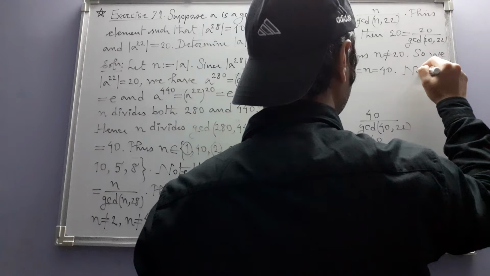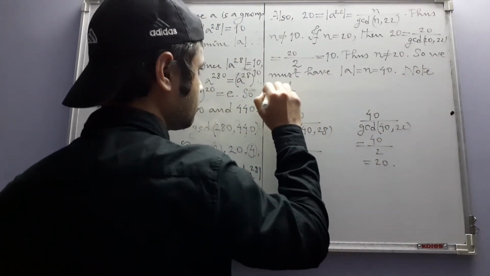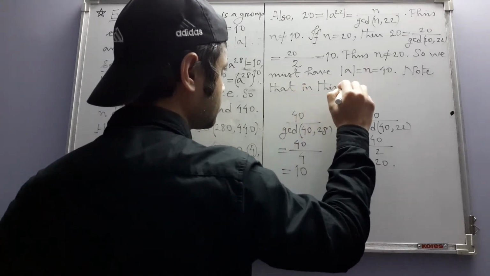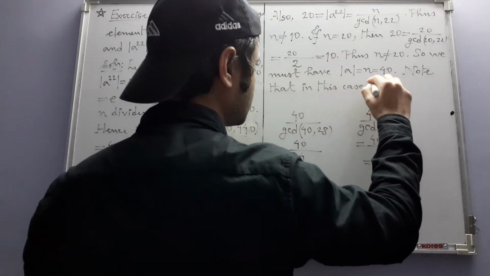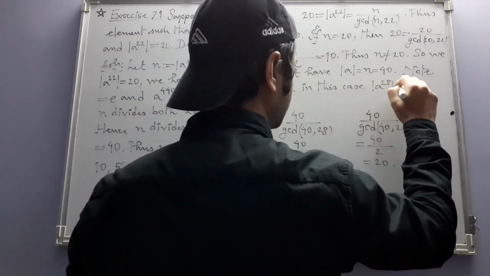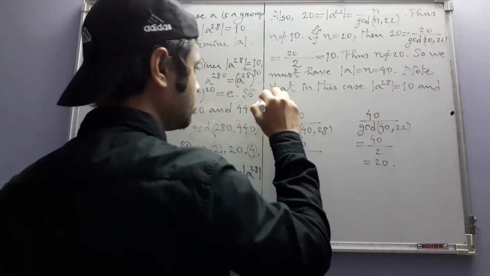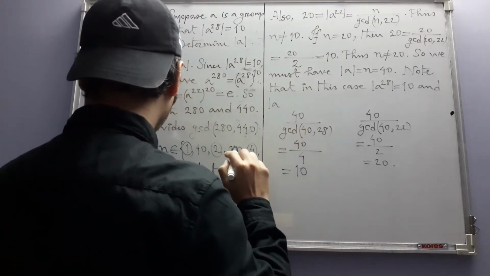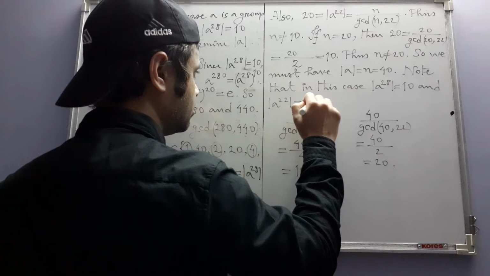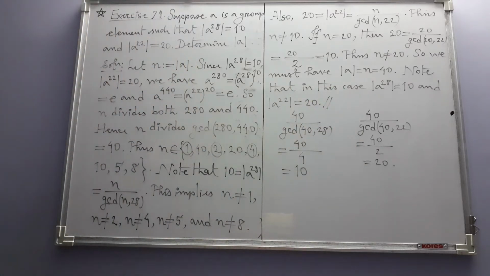Note that in this case the order of a to the power 28 is 10 and the order of a to the power 22 is 20. So the solution ends here.